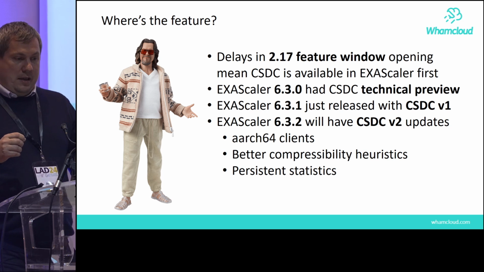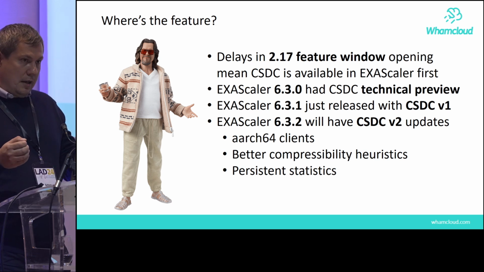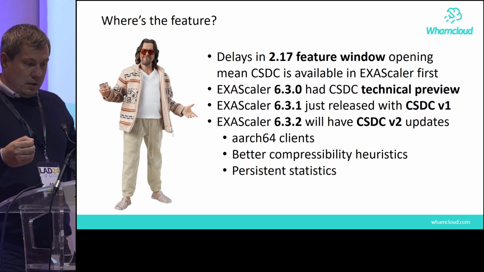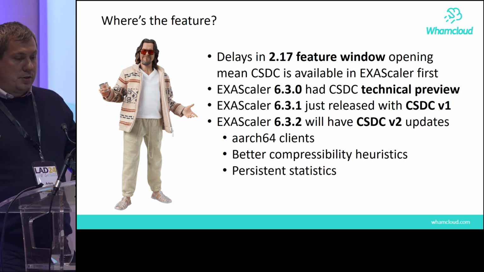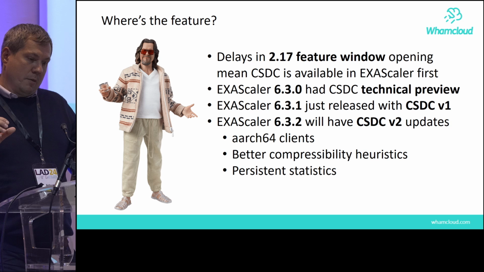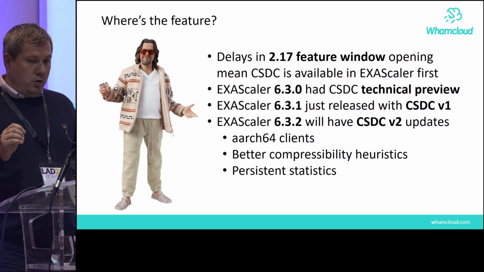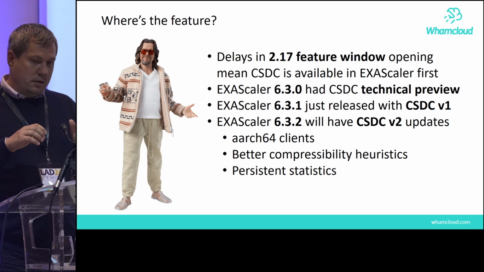Then the feature was stabilized, and the first version was released. And right now we are actively working to release version 2, which will have some additional sub-features, something like AArch64 clients, some additional heuristics, and statistics. So first of all, let's describe what this feature is and how it works.